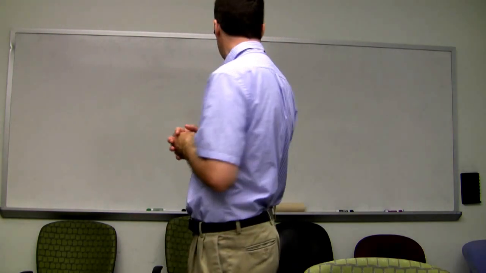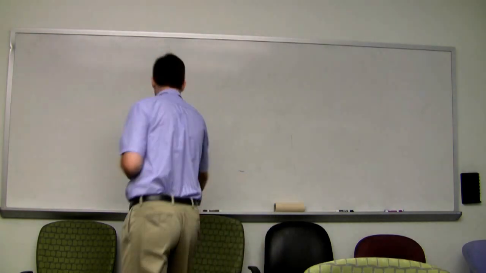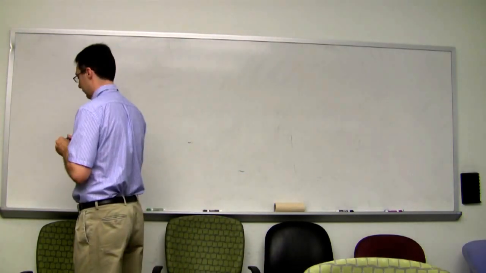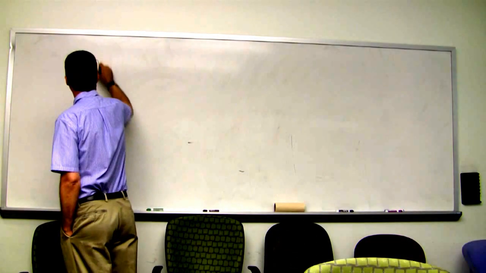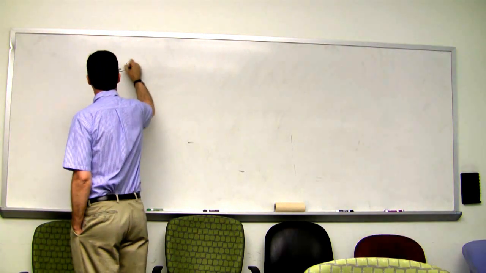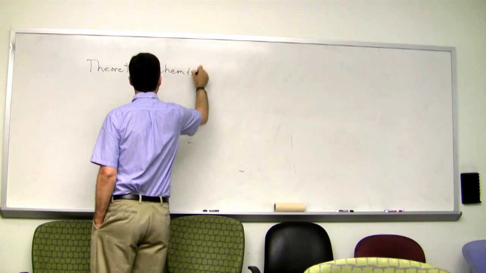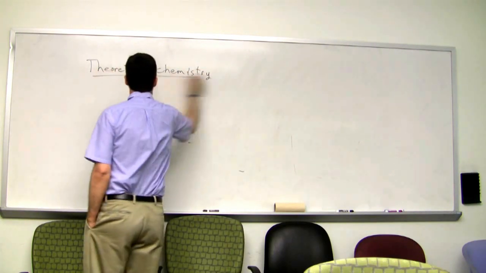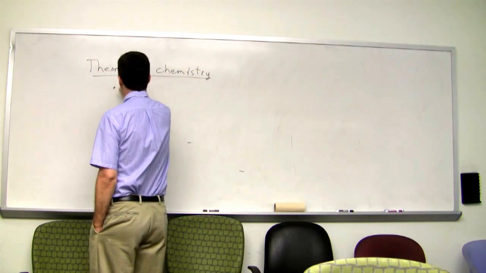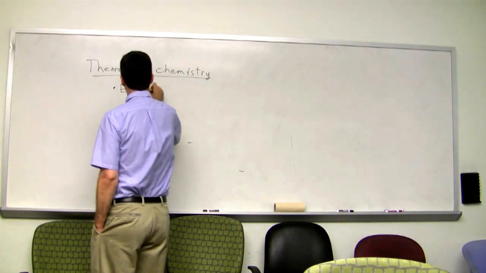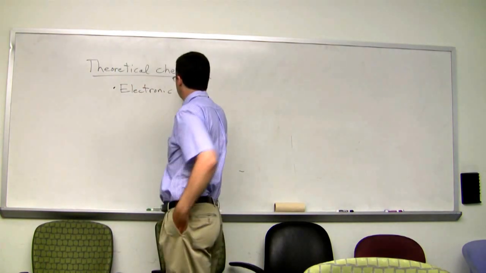So let me jot up a couple different areas of theoretical chemistry then. Okay, so my area where I am worried about the electrons is electronic structure theory.